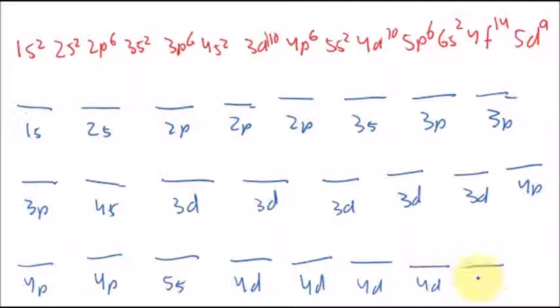Wow, this is going to be very long. And then 5p, let me get another tab going. So we're at 4d, and then we need our 5p orbitals, so we can just put 5p, 1, 2, 3, and then 6s, which is just one s orbital, and then 4f14.